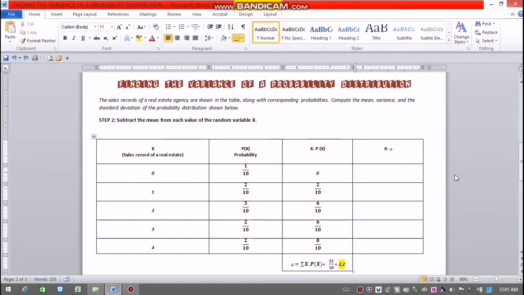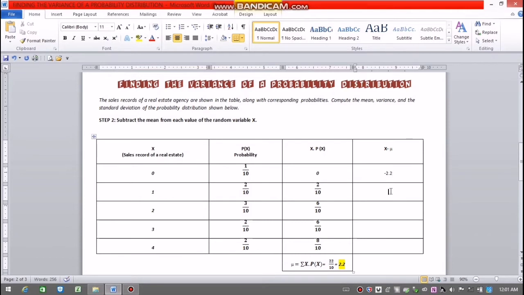For the second step, subtract the mean from each value of the random variable x. We must first subtract the 2.2, which is the mean, from the value of the random variable. Let's start with the first column. 0 minus 2.2 is equal to negative 2.2.